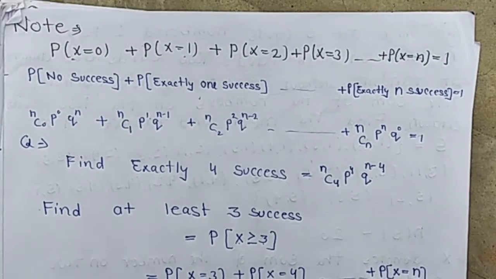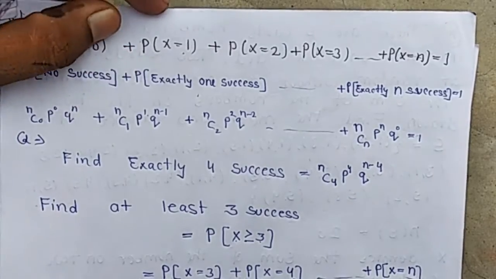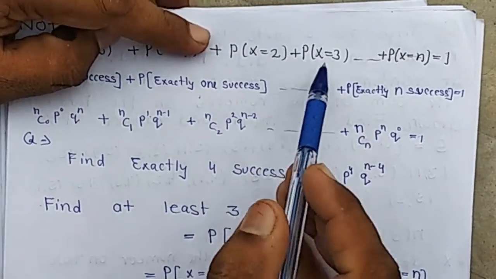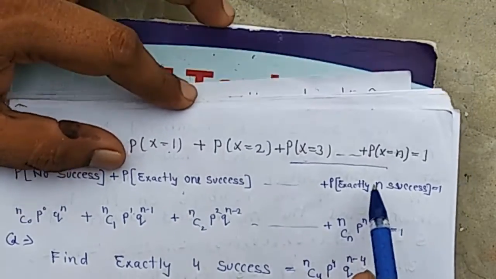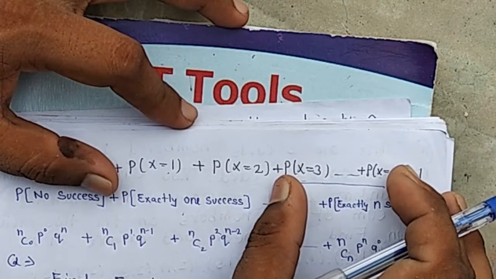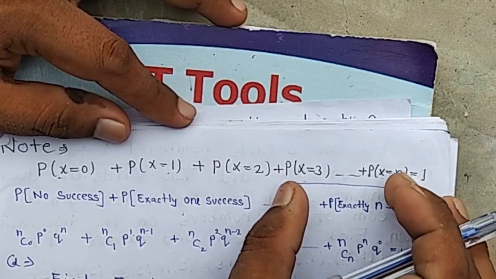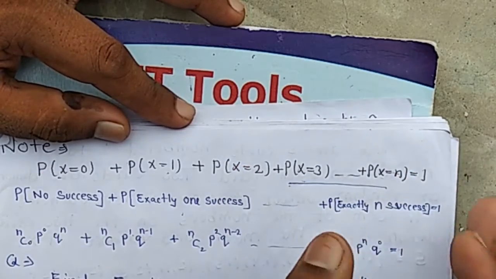We can also find the value of this term, x equal 3, x equal 4, up to x equal 9, by subtracting the remaining values from 1.